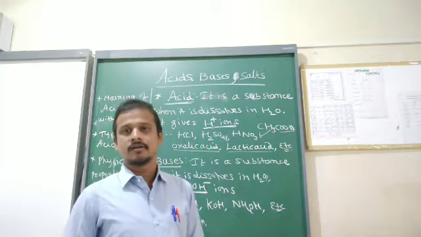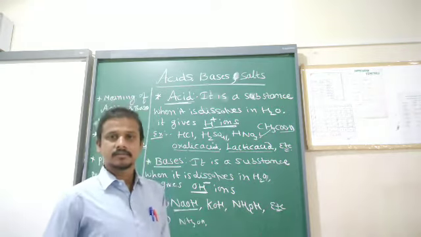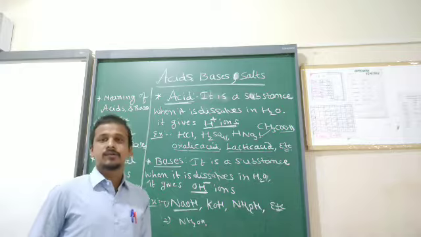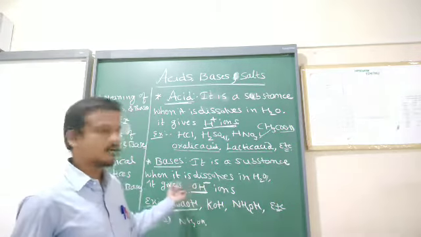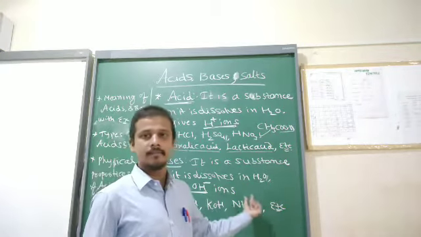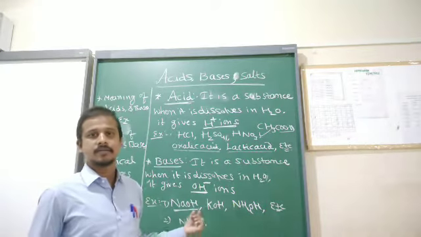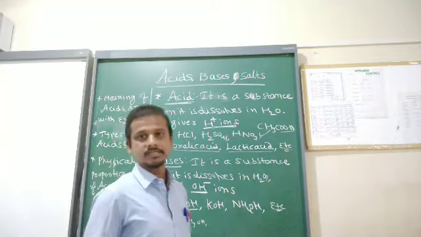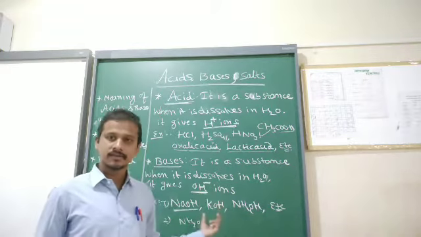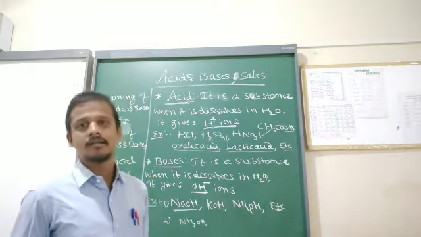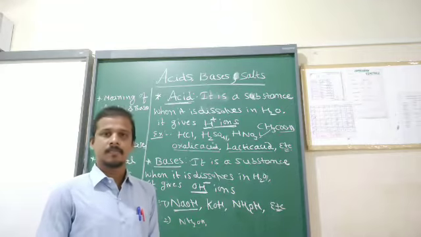These are natural indicators. Synthetic indicators are man-made indicators, such as phenolphthalein and methyl orange. These indicators are used to find out whether solutions are acids or bases.